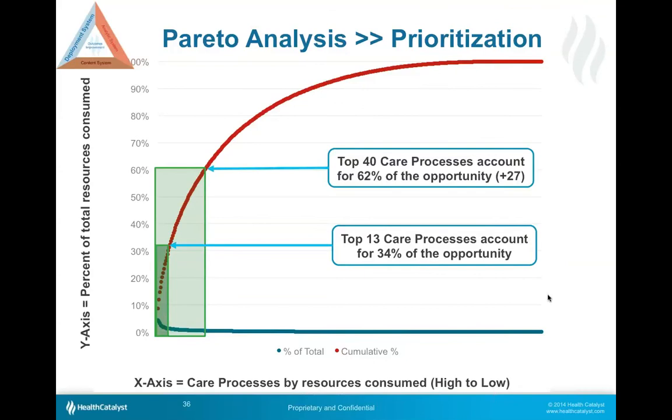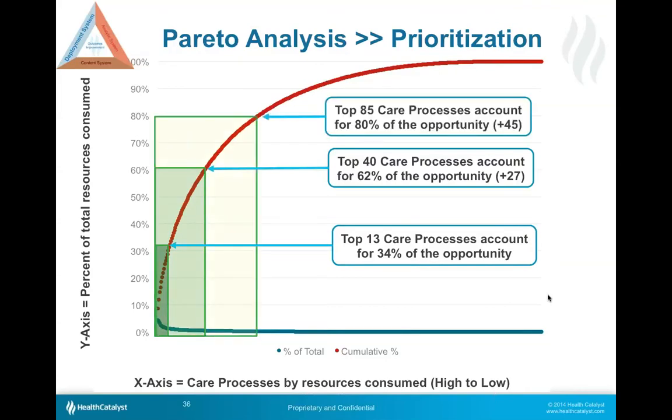If you go to the top 40, you're up to 62%. And if you go to the top 85 processes, you're at 80%. So the 80-20 rule definitely applies here. By focusing on the vital few, we can have a huge impact on the improvements.